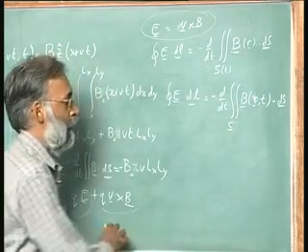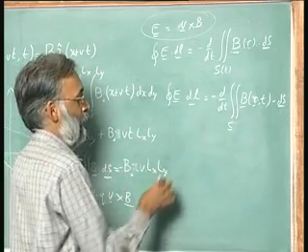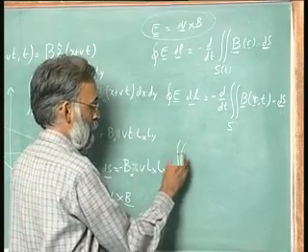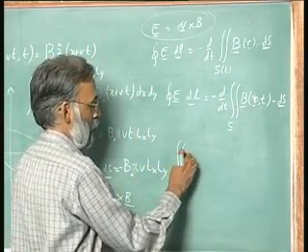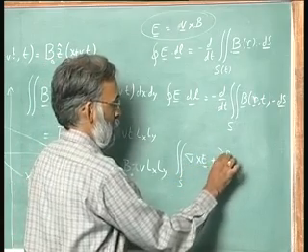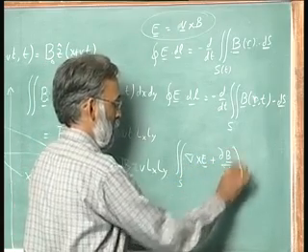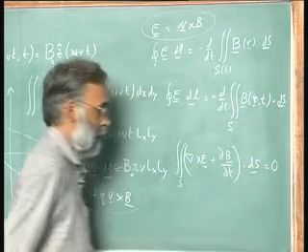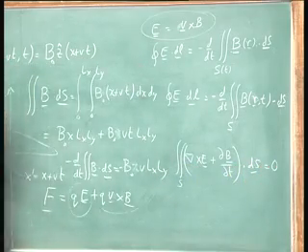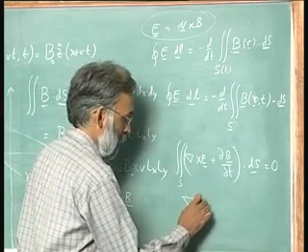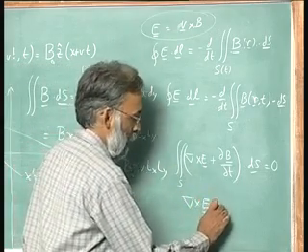Let us take a constant surface, take the d dt inside, apply Stokes' theorem, and you get surface integral curl of E plus del B del t, dot ds, equals 0. And from that we get one of Maxwell's important equations called Faraday's law.